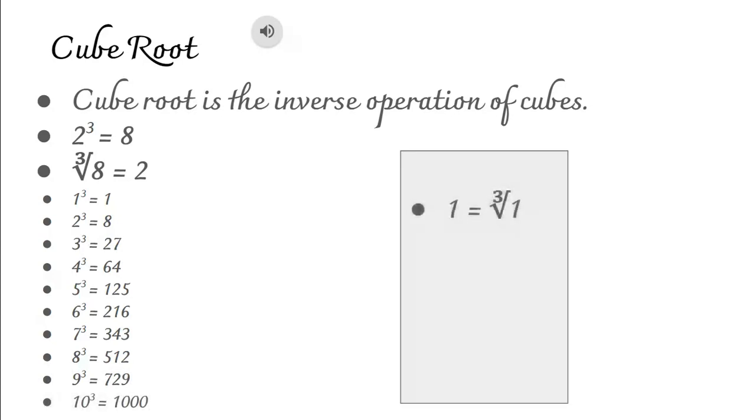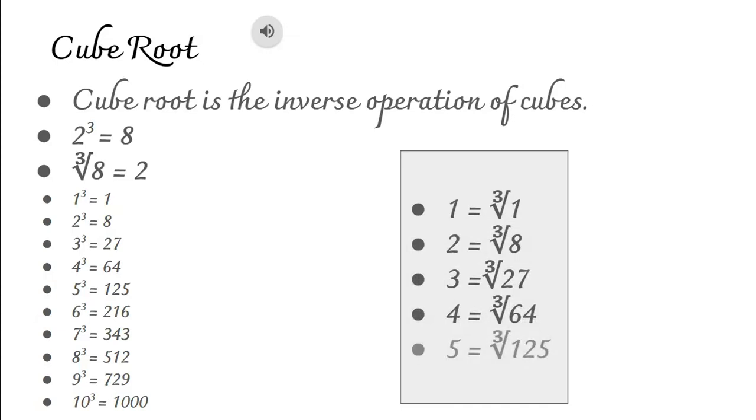You want to get 2 from 8, you take the cube root of 8. You want to get 3 from 27, you take the cube root of 27. If you want to get 4 from 64, you take the cube root of 64. It is the same as what we did with squares and square roots. In this way, we can say that cube root is the inverse function of cubes.